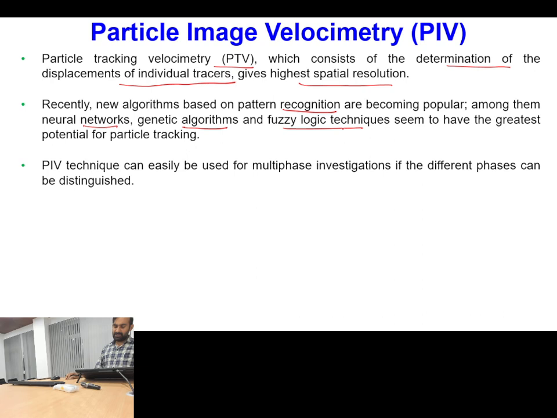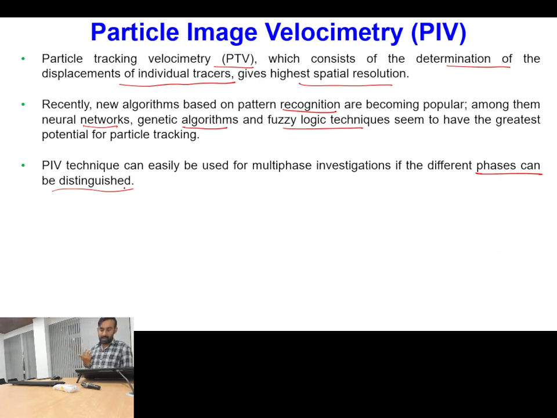PIV techniques can easily be used for multi-phase investigations, provided one condition: we should be able to differentiate the two phases. If the two phases look similar on a camera, then PIV cannot be employed for multi-phase flow measurements, because particles will give you the velocities, but along with the velocities you also have to identify where the interface is. Only then can you do actual multi-phase velocity measurements.